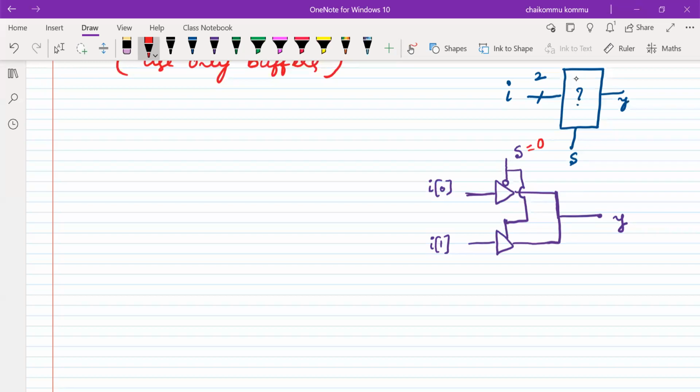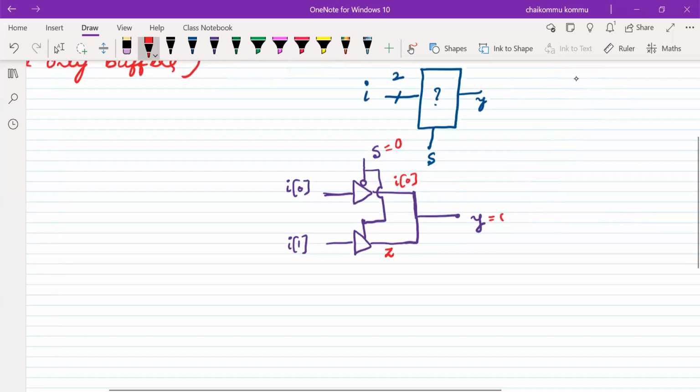Since it is a high impedance state, it does not have any connectivity to the output node. Therefore Y becomes I of 0 only.